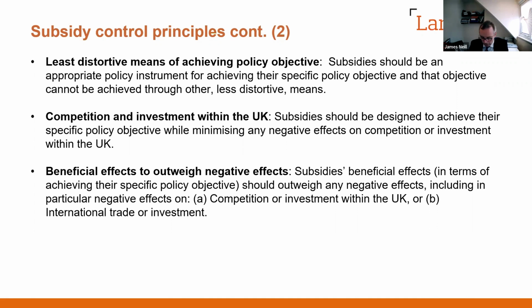Now, just pausing there, it is for the authority under Section 12 to now apply those principles. And the big change for those of us that are familiar with the EU state aid regime is that decision making as to whether or not those subsidies meet those principles is now with the public body. What happened previously was by the Commission.